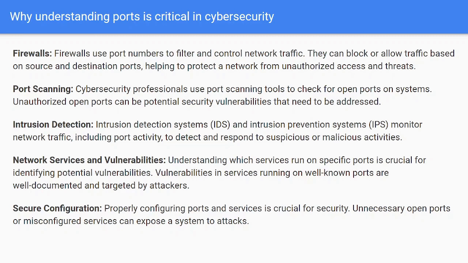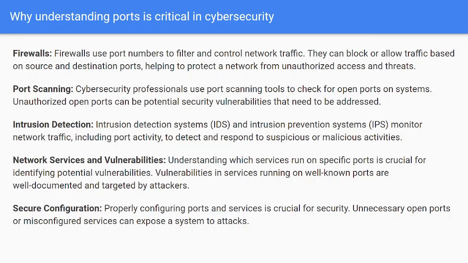Understanding services. Understanding which service runs on specific ports is crucial for identifying potential vulnerabilities. We talked about this: you need to know which service is running on which port. When you know what service is running on what port, you can identify that this is a potential vulnerability. The vulnerabilities of well-known ports are well documented and targeted by attackers.